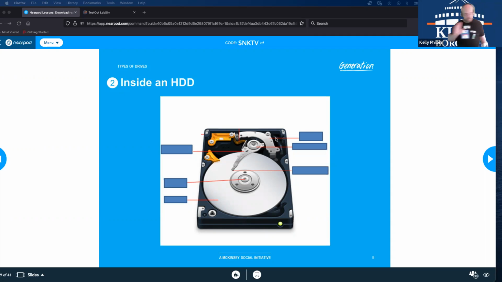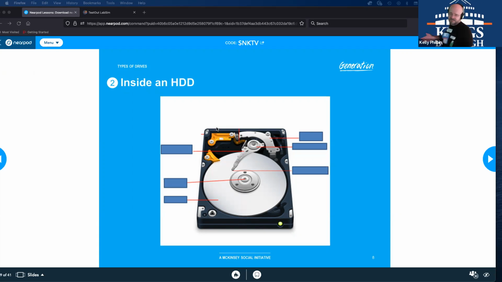Now, for the purposes of the exam, there's one more piece that is not labeled on here, which is this little set of wires that run from the actuator arm to essentially where the data connection on the back would be. That is called the data ribbon. It's flat like a ribbon.